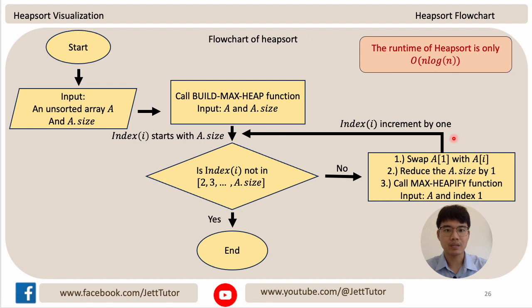Then we increment the index by 1, and then we go over the process again to check if the index i is in the range of 2, 3, 4 to the size of the array or not. If this statement is true, we end the process, and then we get the sorted array.